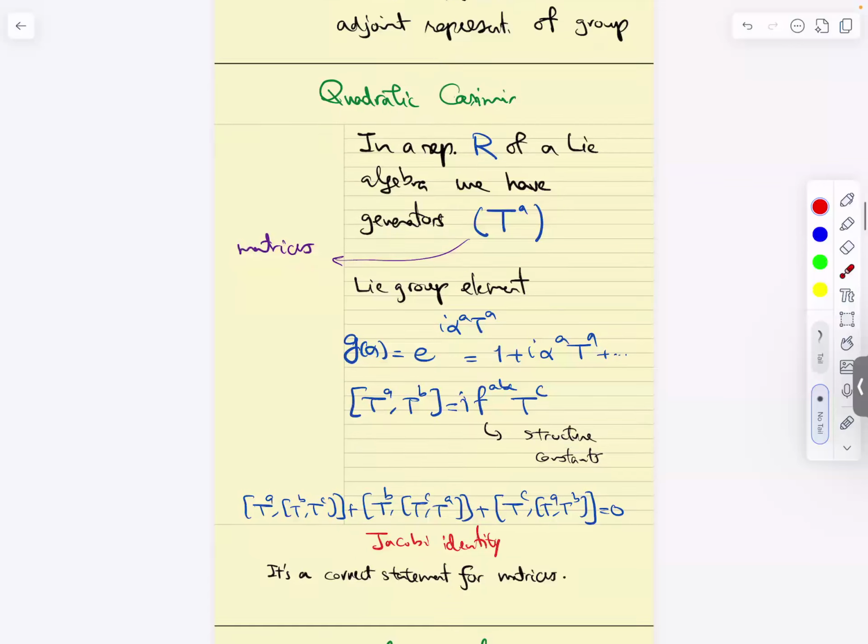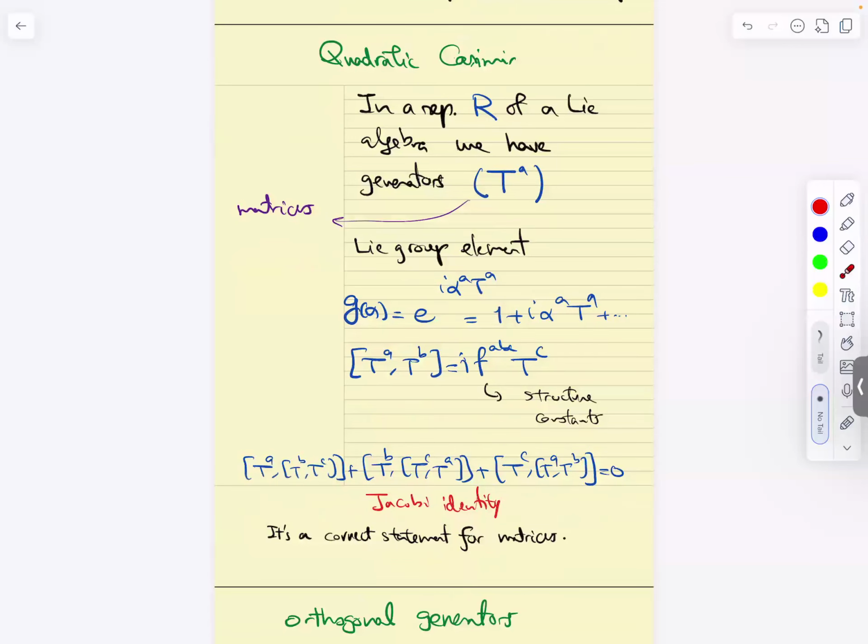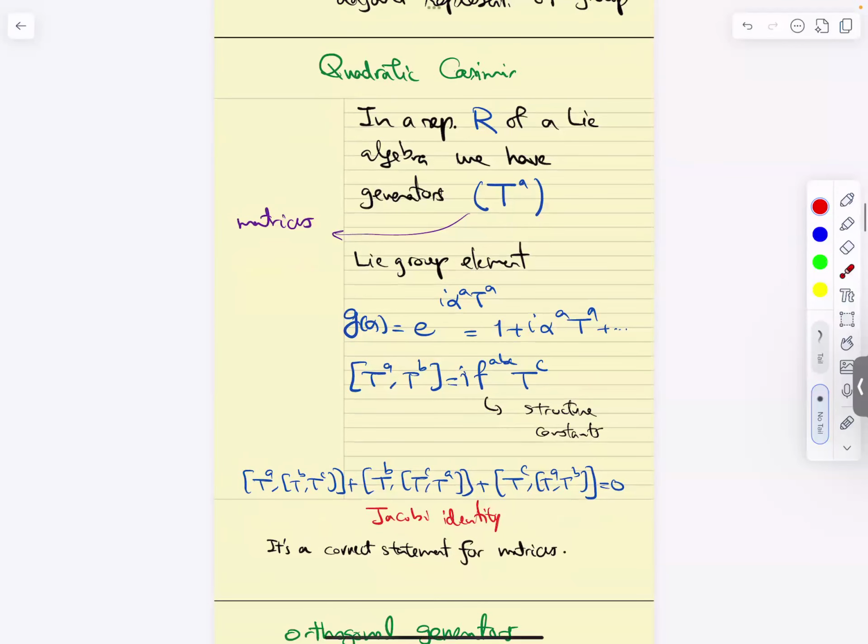A very quick reminder of the discussion of Lie groups and Lie algebras from QFT1. If you have a representation R of a Lie algebra, we're representing every generator with a matrix. A runs from 1 to the dimensionality of the group.